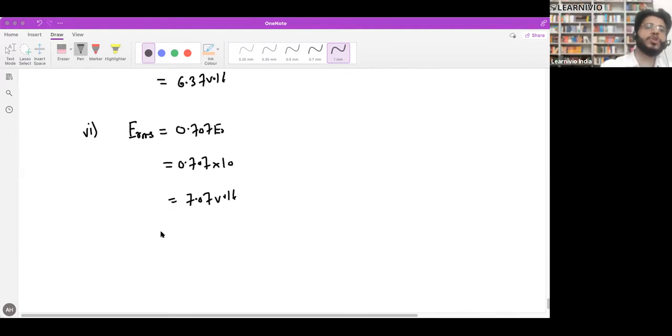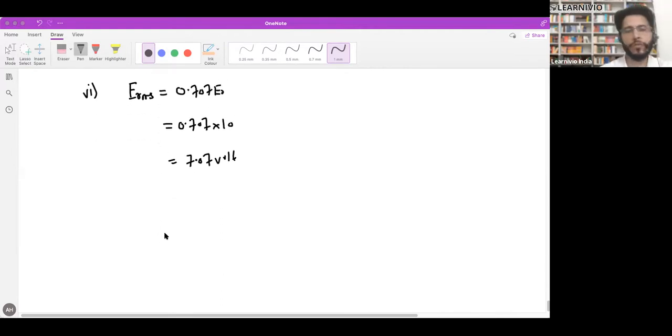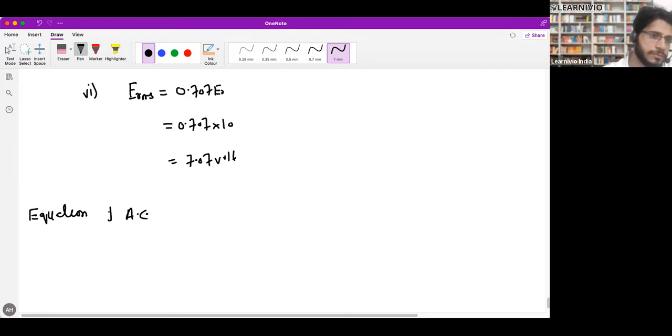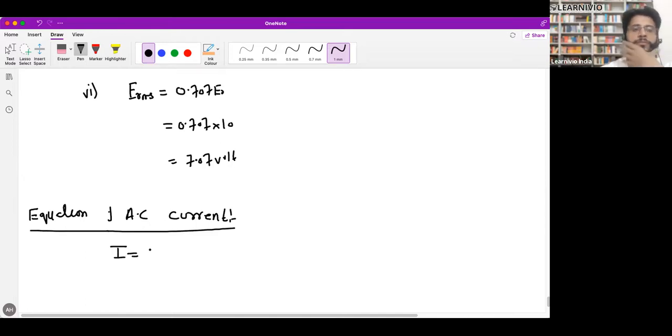So just like the values of EMF, you can have values for current. Like we can have an equation of AC current. Abdullah, can you guess the equation of AC current? Just like EMF, it's I naught sine omega t, right?